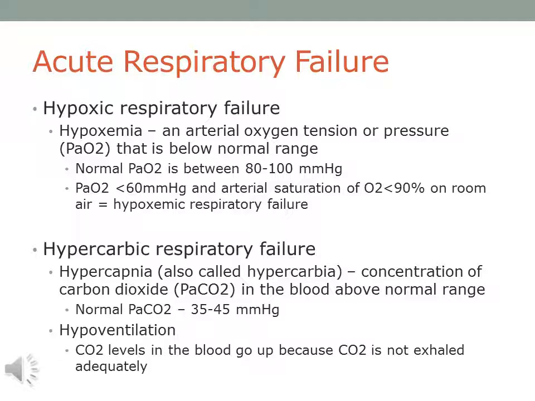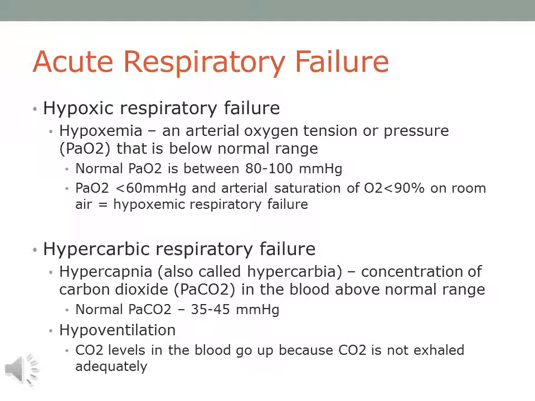Okay, so some causes that might cause us to have increased levels of CO2 in the blood, well, they usually all relate directly back to hypoventilation or not breathing effectively, because our CO2 levels go up because we're not exhaling them adequately. So let's think back again to what could cause us to have hypoventilation. It could be a depressed respiratory drive.